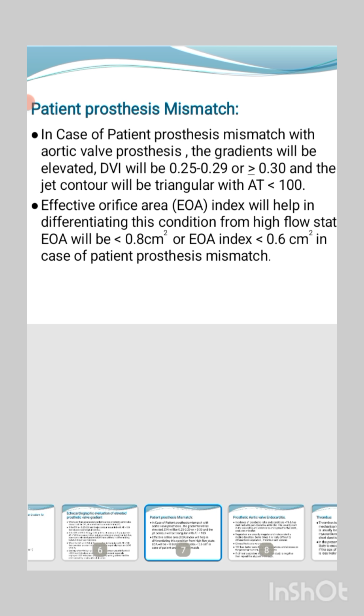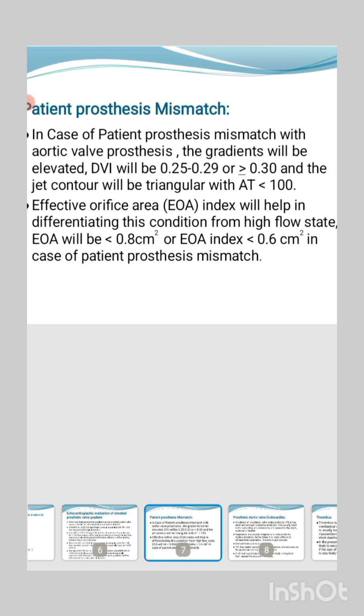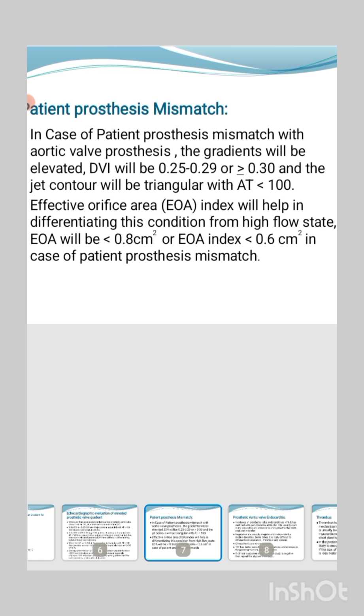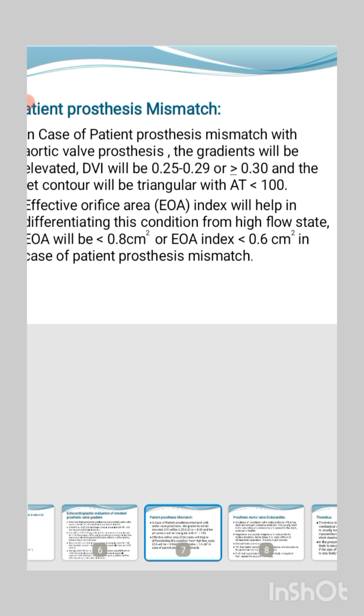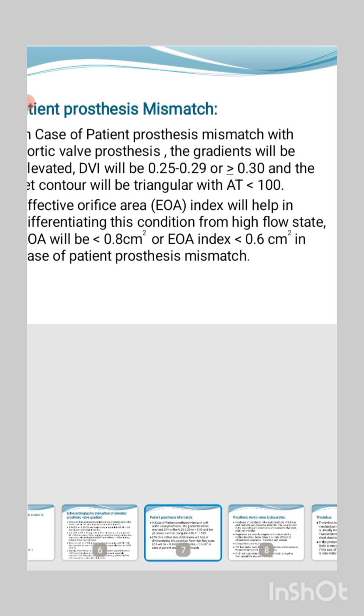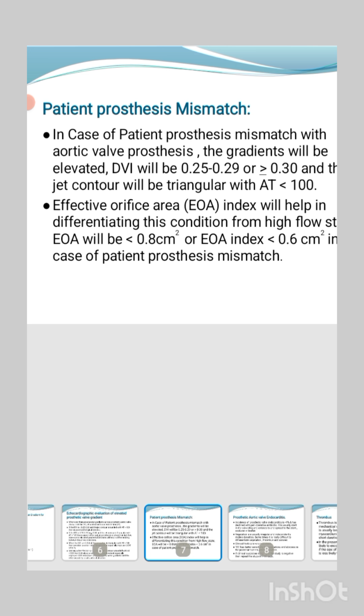Effective orifice area index will help in differentiating this condition from a high flow state. Effective orifice area will be less than 0.8 centimeter square or effective orifice index less than 0.6 centimeter square in case of patient prosthesis mismatch.